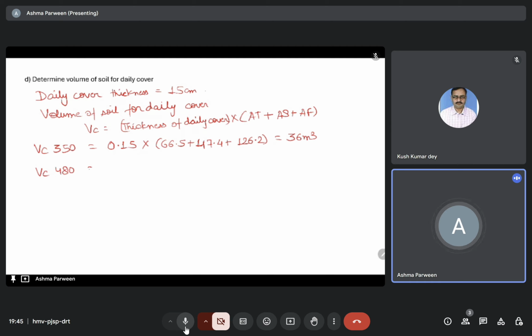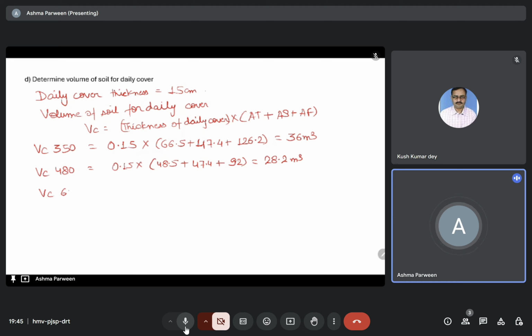For 480 kg per meter cube of specific weight, it will be 0.15. Top cell area was 48.5. Side was 47.4, same for all. And the front was 92. Coming out to be 28.2 meter cube.